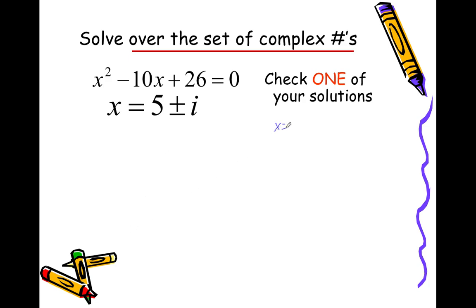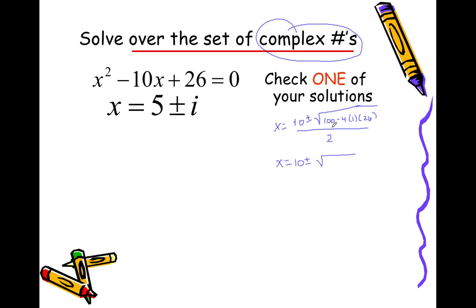I did x is equal to negative 10 plus or minus the square root of b squared minus 4 times a times c. And I can already see that 100 minus 4 times more than 20 is going to be negative. In the set of real numbers, I stop, right? But I'm not in the set of real numbers. I'm over the set of complex numbers. So I ended up going x is equal to negative 10 plus or minus the square root of 100 minus 4 times 26. What do you get? 26 times 4.